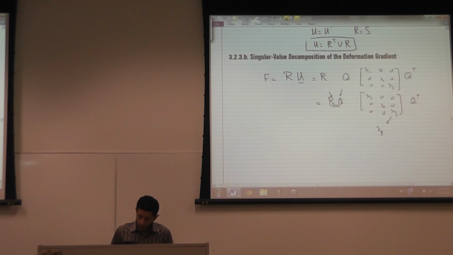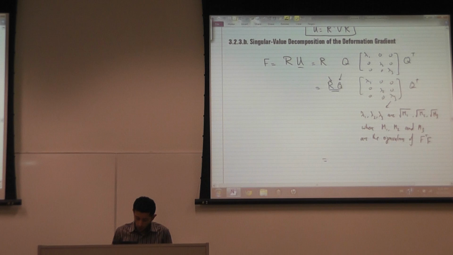Lambda 1, lambda 2, lambda 3, these lambdas are the square root of M1, square root of M2, square root of M3, where M1, M2, and M3 are the eigenvalues of F transpose F. And this is equal to a rotation matrix P multiplied by this diagonal matrix.